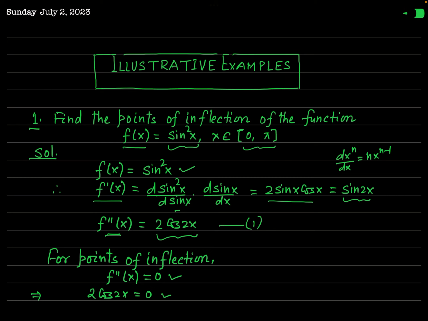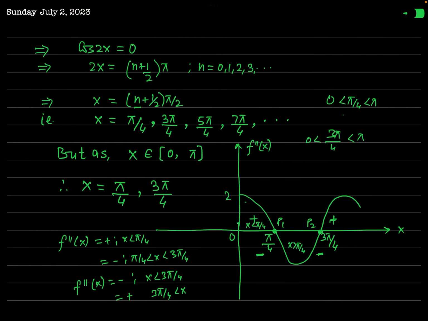Since 2 is not 0, definitely cos 2x will be 0. And if cos 2x is 0, the general value of 2x will be n plus half into pi, where n is 0, 1, 2, 3 and so on. And therefore the general value of x is n plus half into pi by 2.